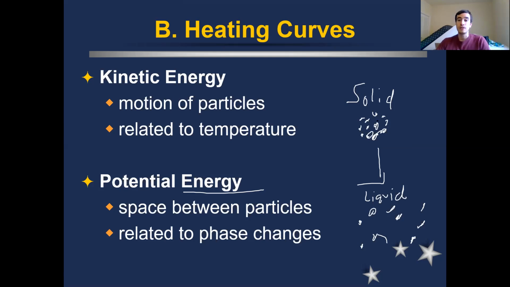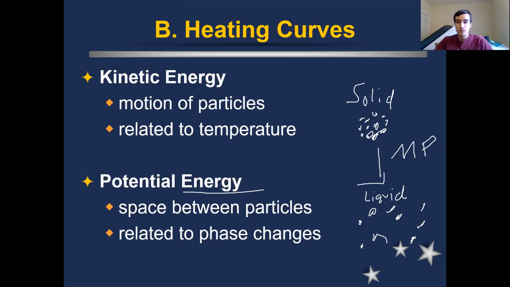So we're not actually getting hotter going from a solid to a liquid. We're not increasing the temperature anymore. We're at, in this case, the melting point, right? MP for melting point. So we're at the melting point, that 0 degrees Celsius or 32 degrees Fahrenheit.